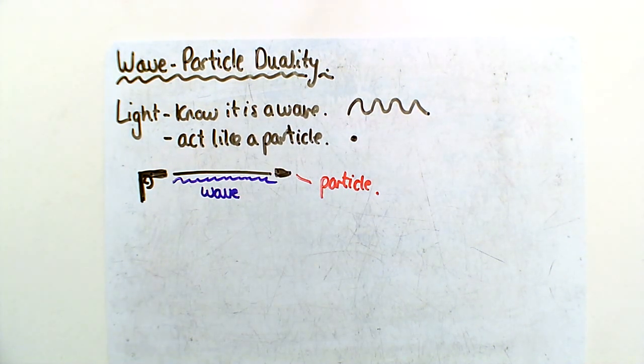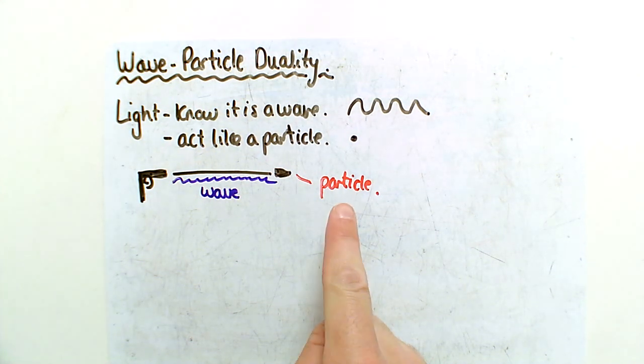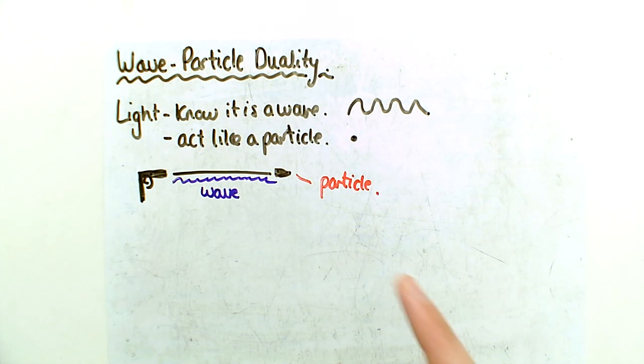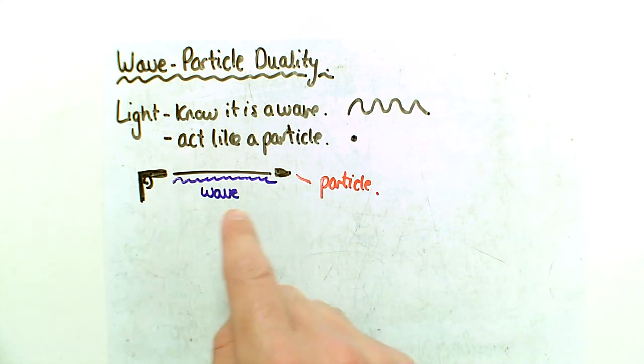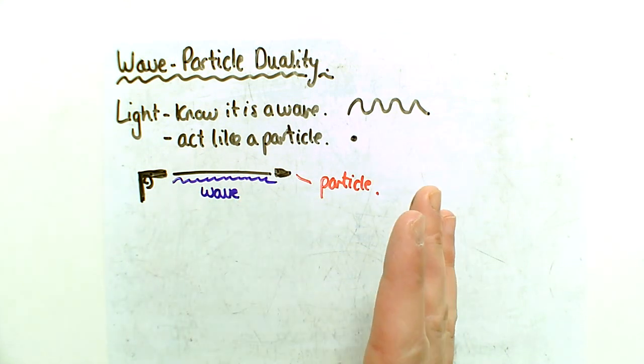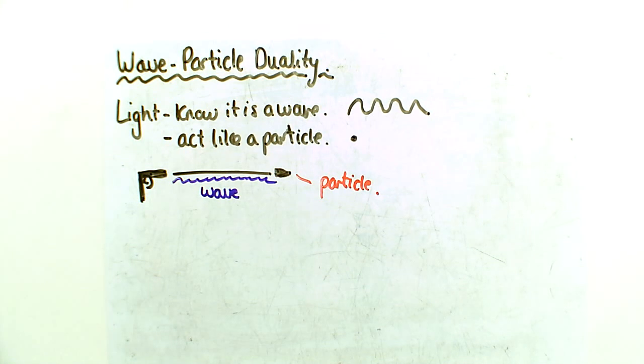So if we can imagine every single beam of light, when it hits into things, that's like the bullet colliding with something and it's behaving like a particle. But the energy and the direction that it travels is all to do with the wave aspect of it. So it's a wave and a particle. It behaves in both ways.